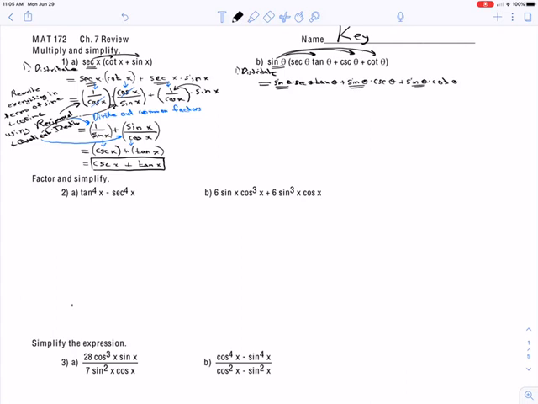And now let's apply our identities. Let's rewrite everything in terms of sine and cosine. So again, that'll be our second step. Rewrite as sine and cosine. Use your identities, the reciprocal and quotient identities.